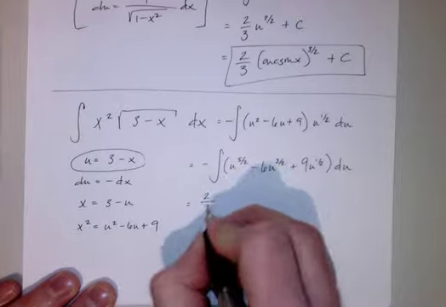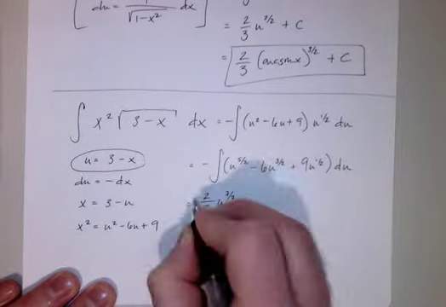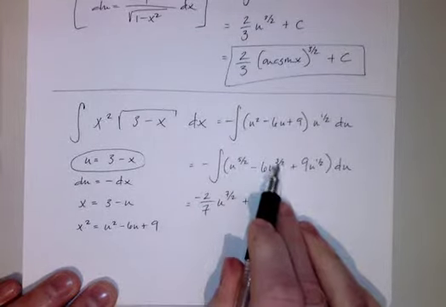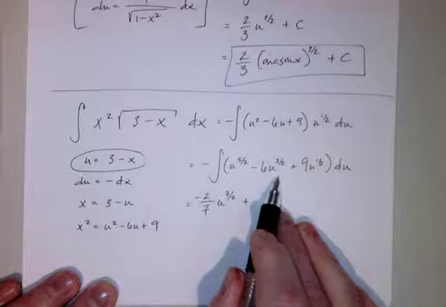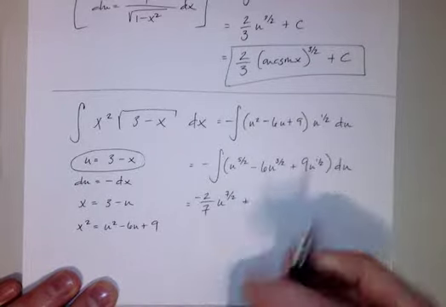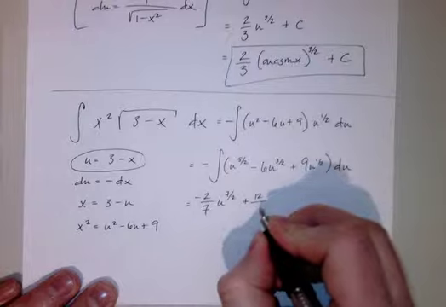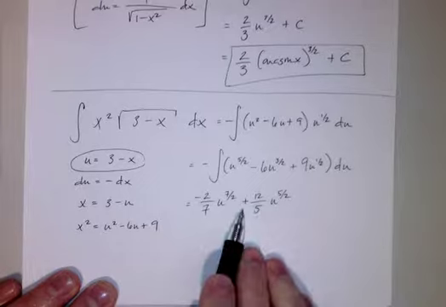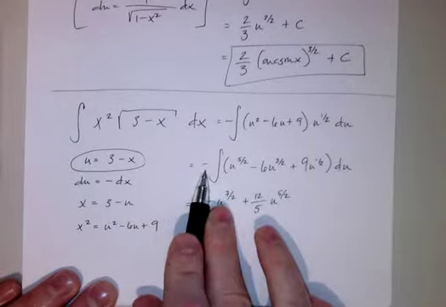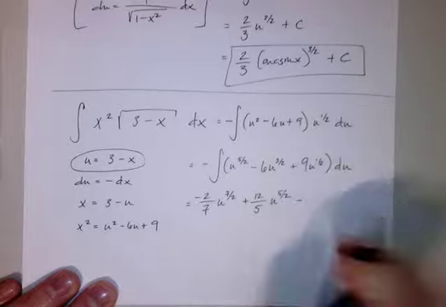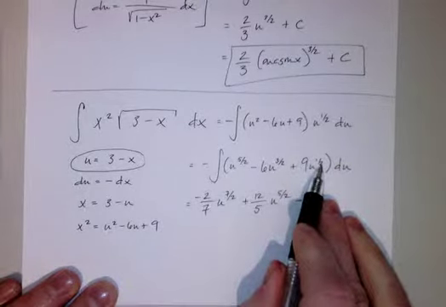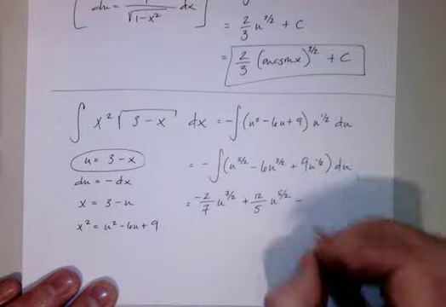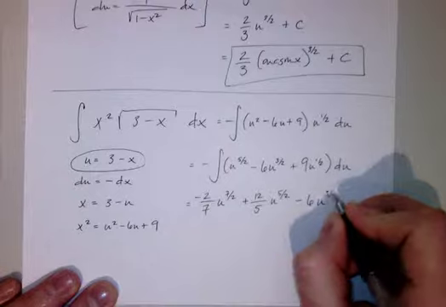That winds up being 2/7 u to the 7/2, or negative 2/7, and that winds up being positive. Well, I know this is going to be 5 halves, which is going to be in the denominator. So 2/5 times 6, that's 12/5, sorry, 12/5 u to the 5 halves. And of course, this is now positive because you've distributed this negative. And this winds up being negative, and of course that's 3 halves, but that's in the denominator, so it winds up being 2/3. 2/3 of 9 is, of course, 6, plus c.